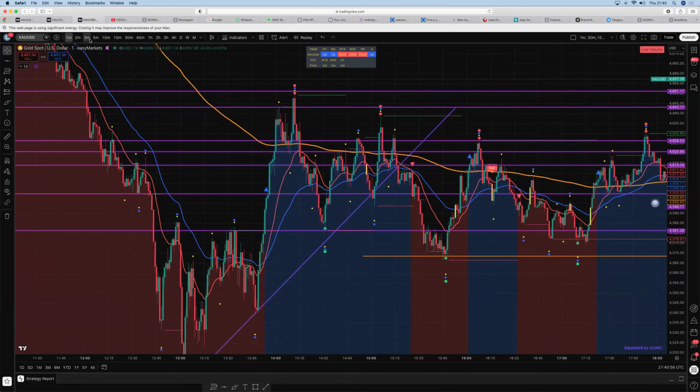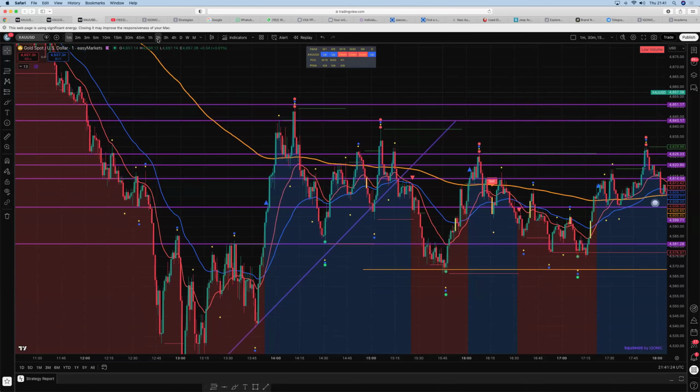I trade the 3 minute on my chart. On my MetaTrader, I always trade an odd time frame. If I was a 5 minute trader, I'd trade the 10 minute time frame. If I was a 15 minute trader, I would trade the 20 minute time frame. 30 minute, 45. 1 hour, I'd trade the 2.